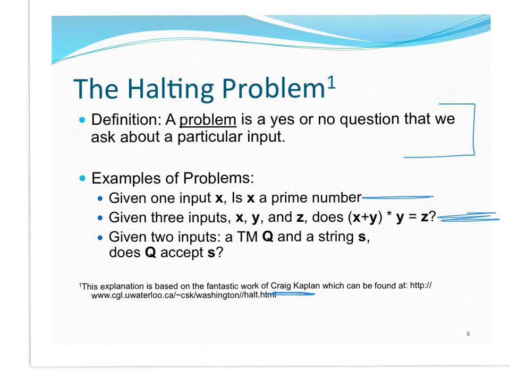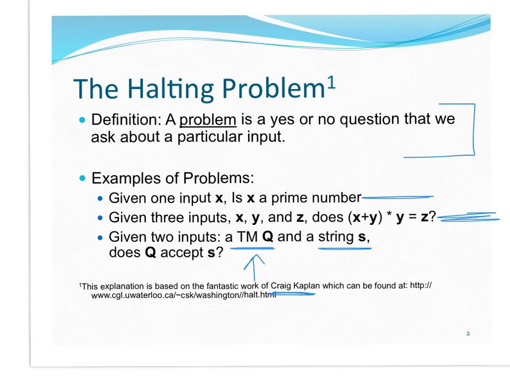Or if I have two inputs, maybe the first one is a Turing machine and the second one is a string. Of course, you could figure out how to input a Turing machine. Either we have a Turing machine object that we design, or at the lowest level, a Turing machine could be specified by its instructions, which could mean we have a string that has a bunch of tuples in it, right?